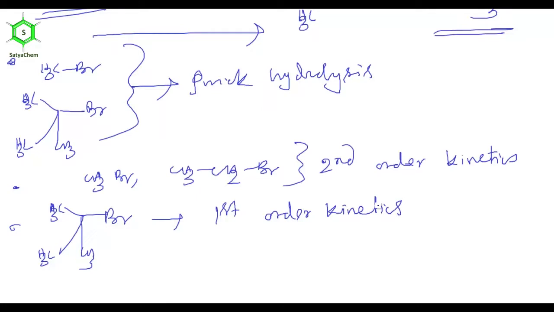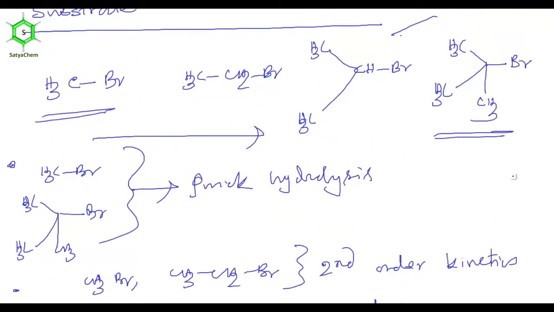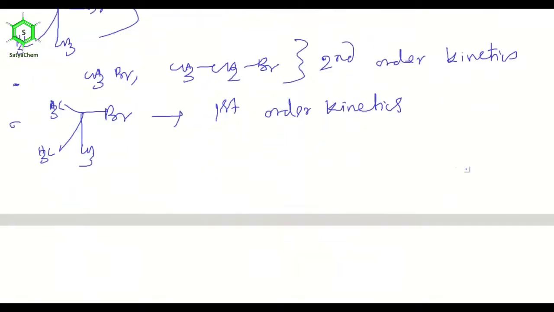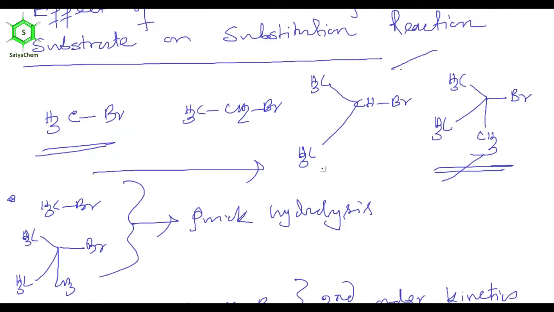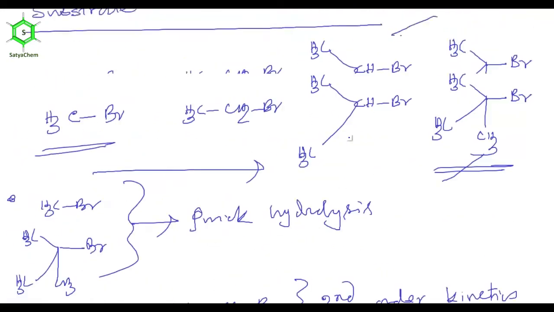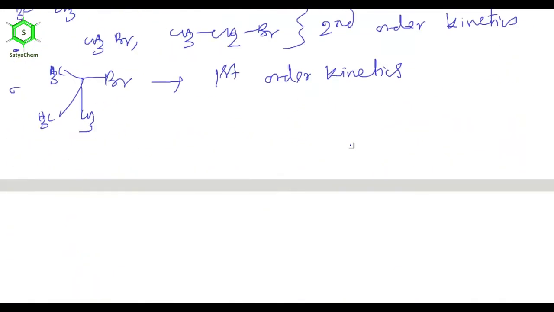Clear? This is the last member, it follows first order kinetics. And the third one, the secondary alkyl bromide, follows mixed kinetics. Clear?